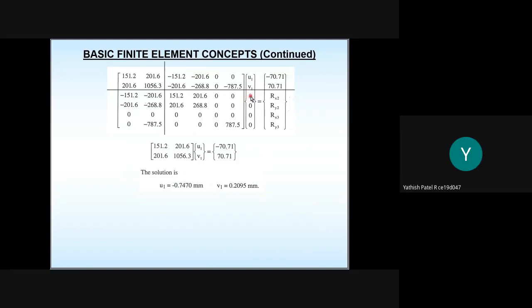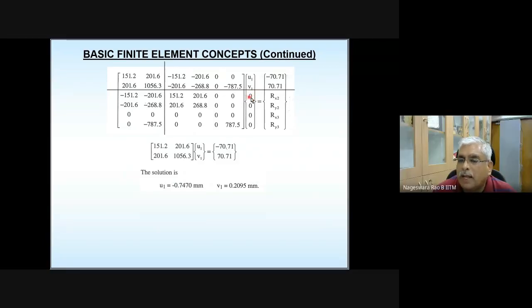So, when the third position value is 0, the corresponding row and column gets eliminated. So, third row, third column in the global stiffness matrix gets eliminated. Fourth row, fourth column is going to get eliminated. Fifth row, fifth column is going to get eliminated. Sixth row, sixth column is going to get eliminated. Or I can say all the rows and columns from 3 to 6 get eliminated.